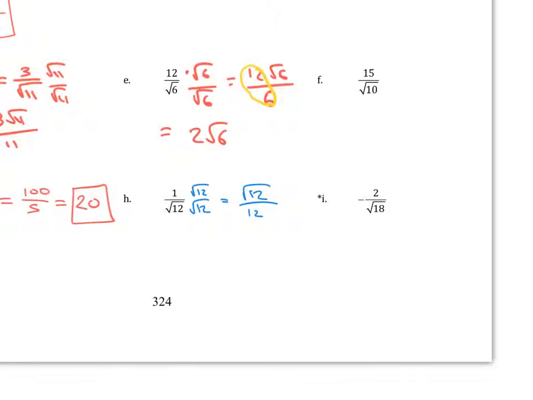But the problem is I'm not done, because square root of 12 can simplify. So I can get square root of 12 is square root of 4 times 3, which is 2 root 3 over 12. But then 2 and 12 can reduce to 1 and 6, so I get rad 3 over 6, right, which took a while.